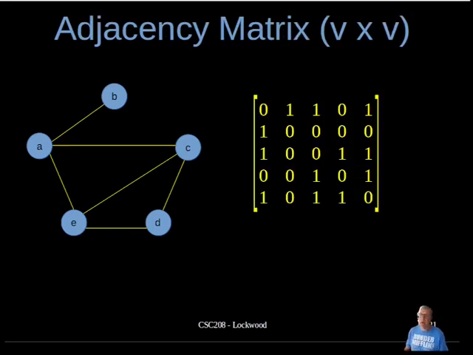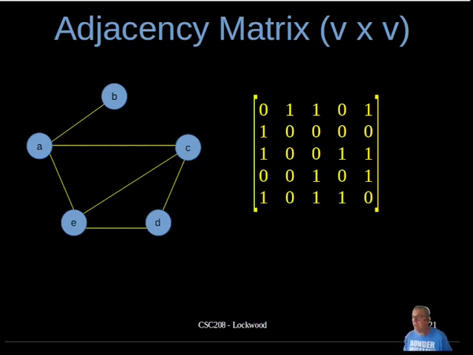Another interesting way of depicting graphs is with an adjacency matrix where each vertex is listed across the rows and columns, and the entries in the matrix are 0 if there's not an edge, and 1 if there is an edge.